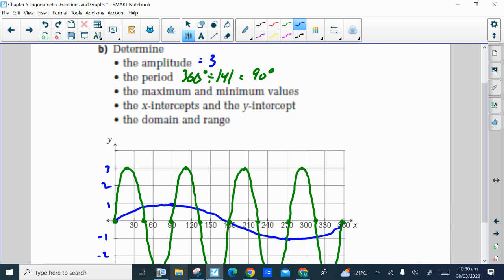So our maximum and minimum values here are positive 3 and negative 3 respectively. Our x-intercepts, maybe we'll write this below just so we have more room.